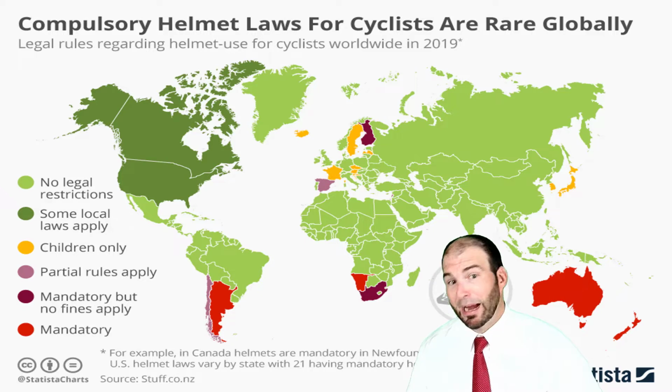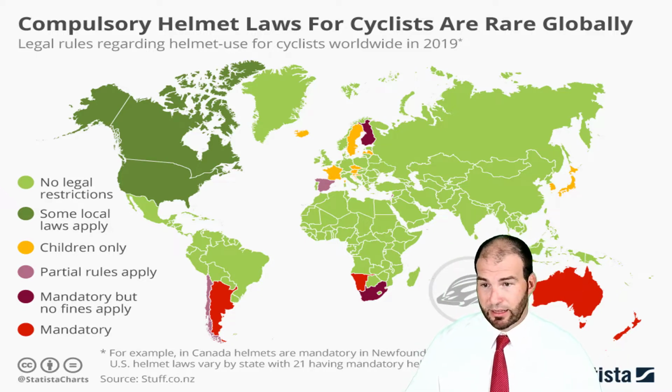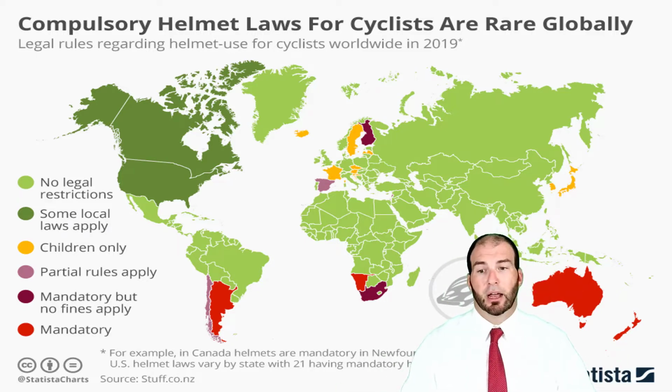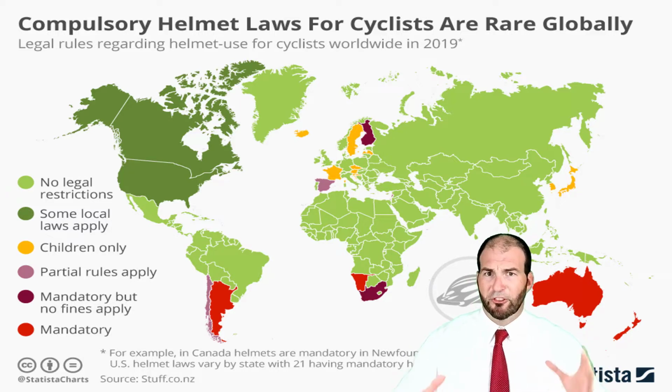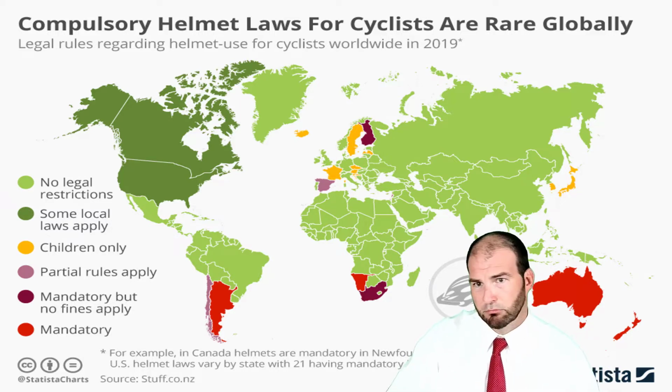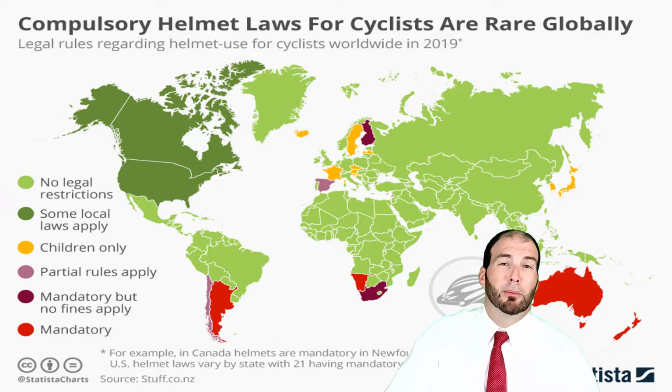They are mandatory there. It's one of the only places, along with South America and the southern part of Africa, where there are very strict helmet laws. And in most of the countries, there's not. What does that probably tell you about that society? Probably tells you they ride bikes a lot more, and they're really concerned about people getting hurt on bicycles.